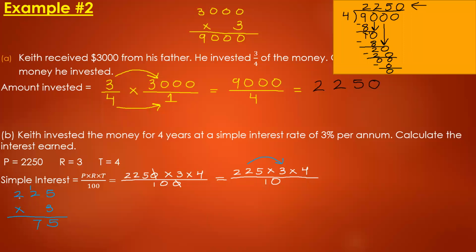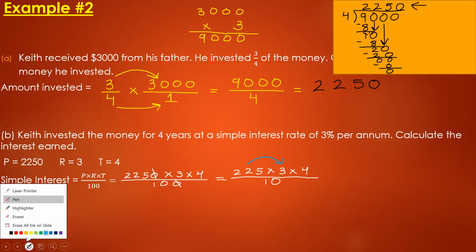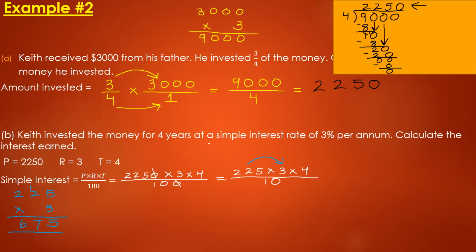So it's 675. It's going to be equal to 675 multiplied by 4, all over 10.